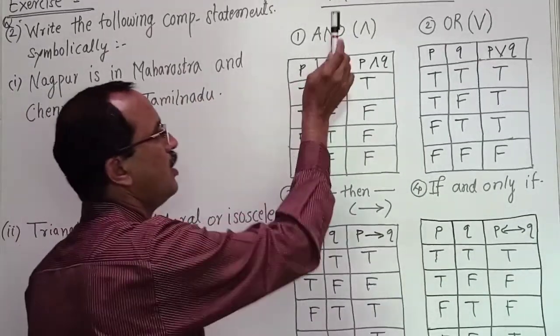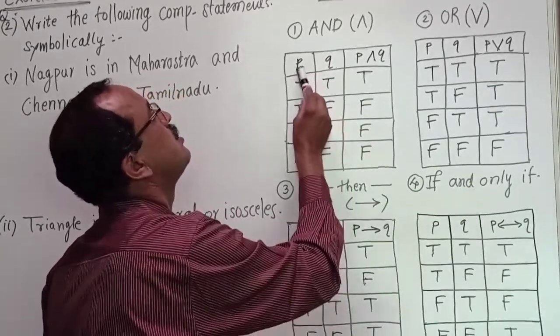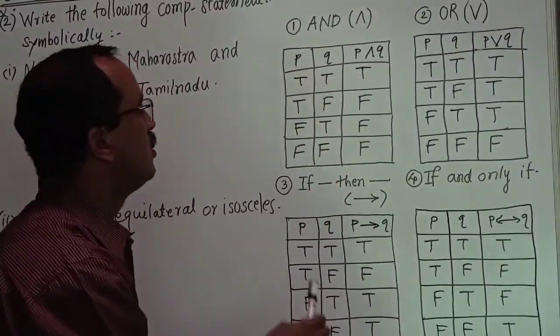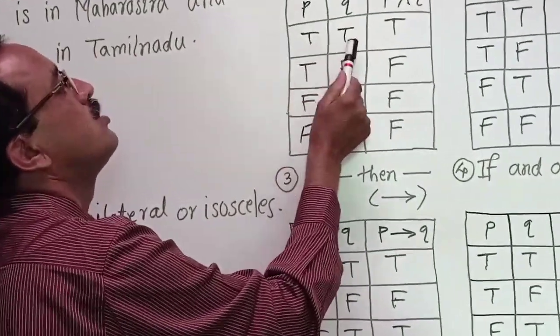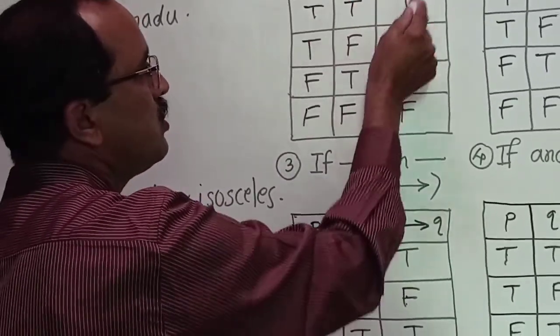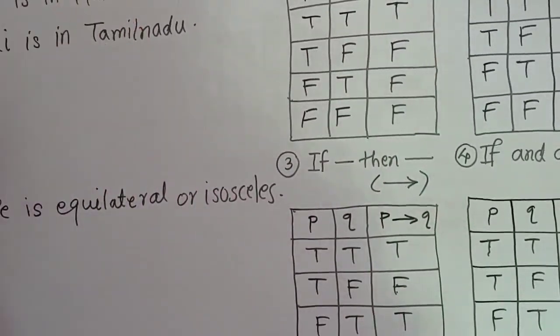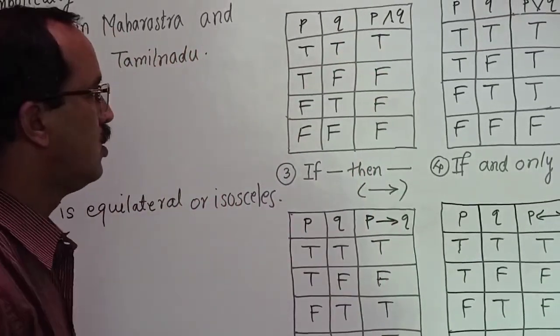First one is AND. P is one statement, Q is another statement, then the resultant is P and Q. In an AND statement, if both statements P and Q are true, then the resultant statement is true.